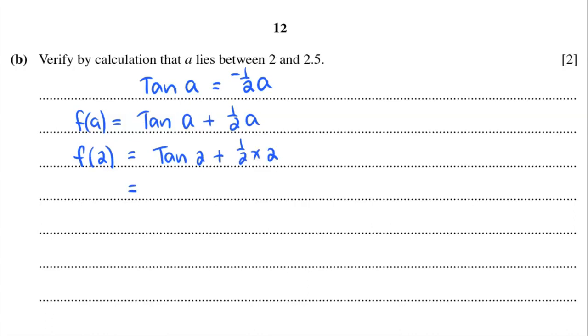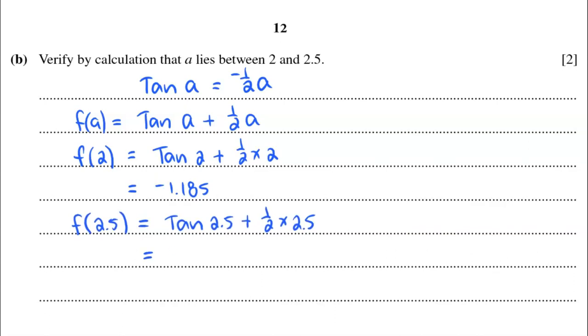When we put that into our calculator, we get the answer is negative 1.185, which is great. So then we do the other number, which is the function of 2.5. So now we're looking for the tan of 2.5 plus half times 2.5, and we put that in our calculator, and we will get 0.503 approximately.